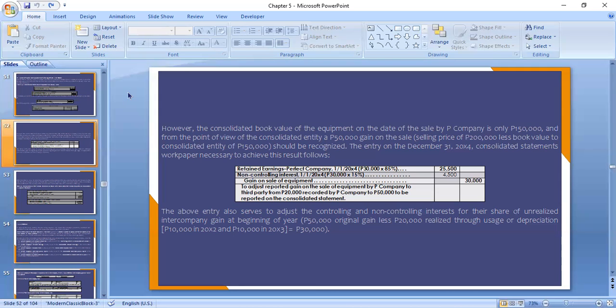Okay, so we now involve the elimination entries.